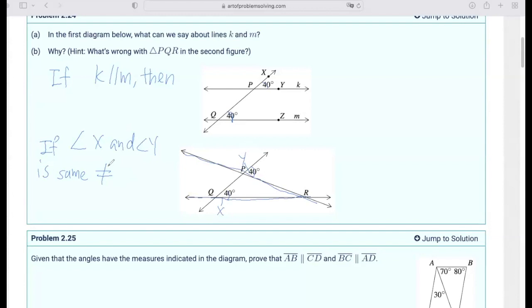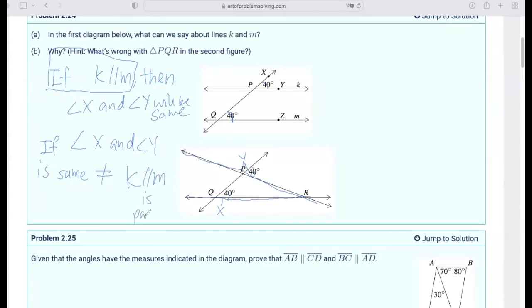Is that clear? Do you understand? If this is parallel, then angle X and Y will be the same.